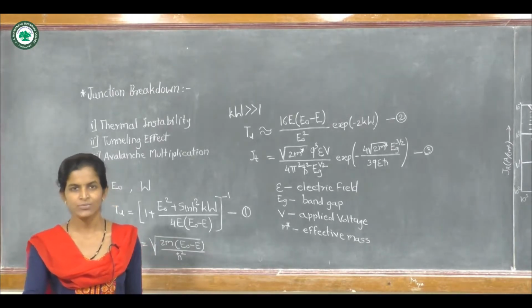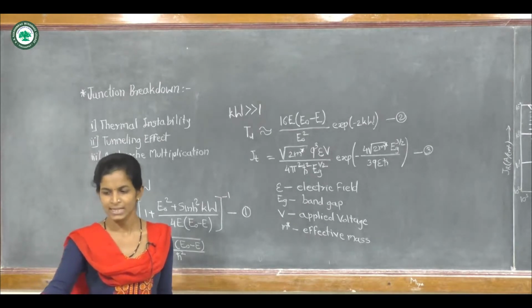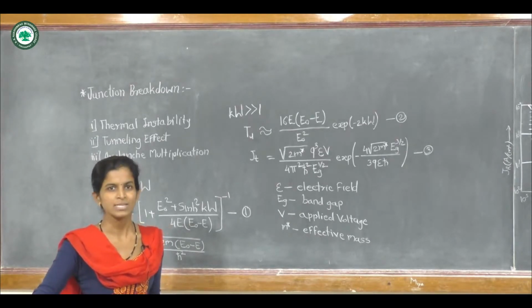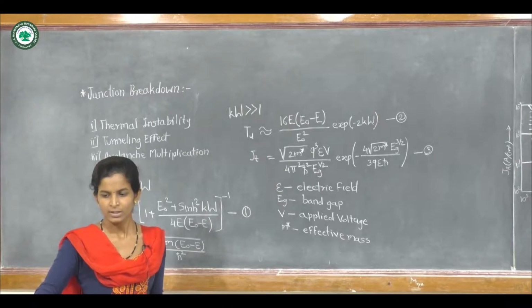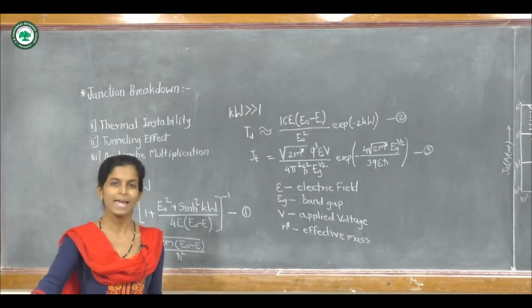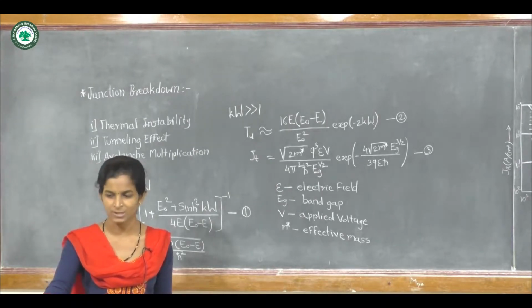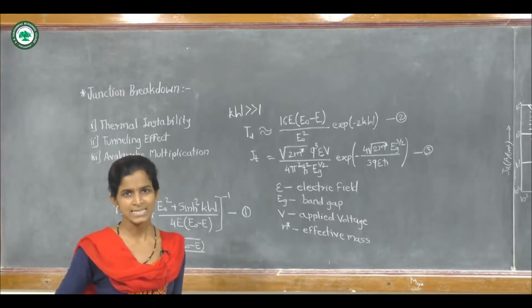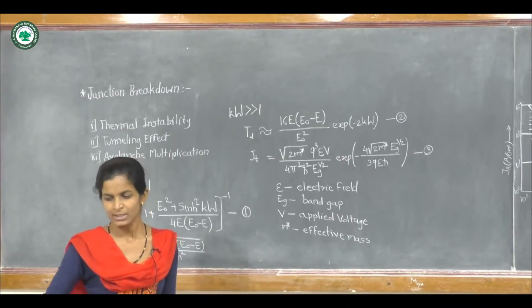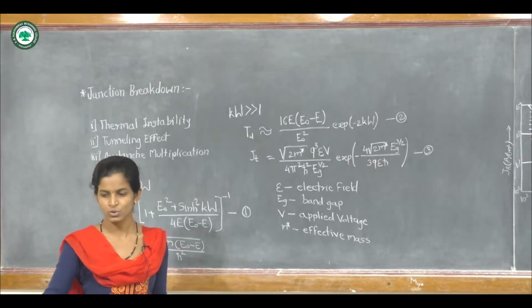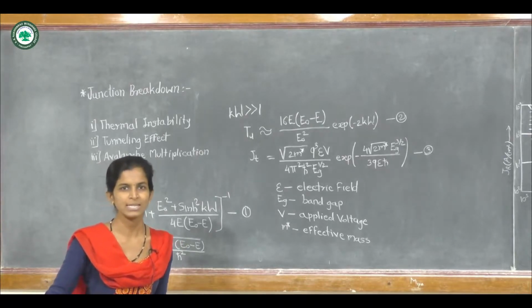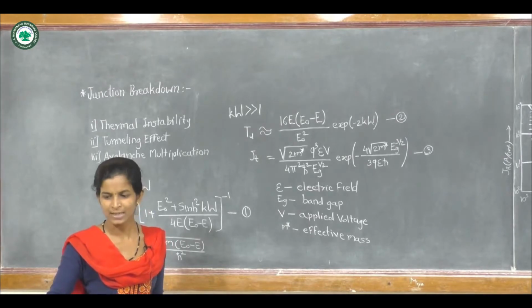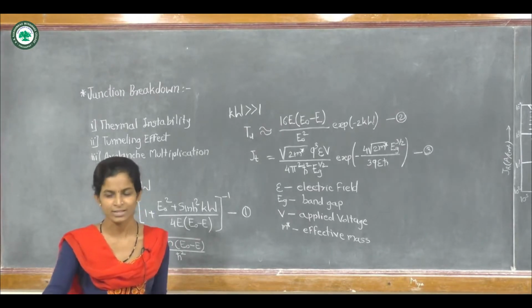For junctions with breakdown voltages in excess of 6 Eg/q, the mechanism is caused by avalanche multiplication. At voltages between 4 to 6 Eg/q, the breakdown is due to a mixture of both avalanche multiplication and tunneling effect.